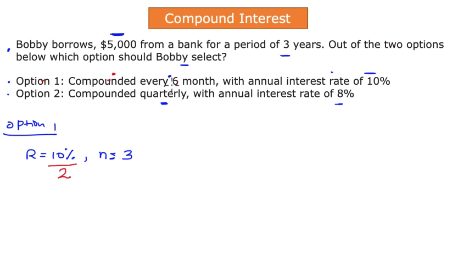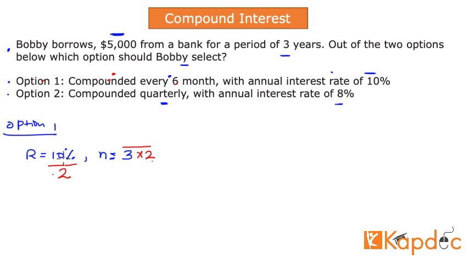Because if you compound interest every 6 months, you will compound it 2 times per year, right? So that is why you divide this annual rate by 2 at the bottom. And since I'm dividing this by 2, this 2 goes in the multiplier to calculate the number of compounding periods, which becomes 2 times 3, where 3 is the number of years, okay?